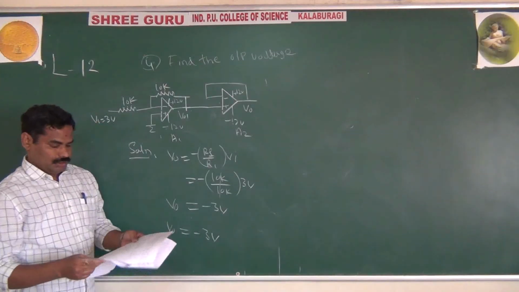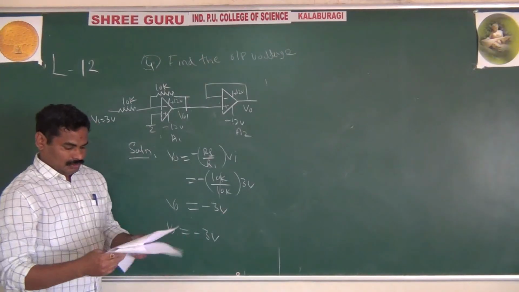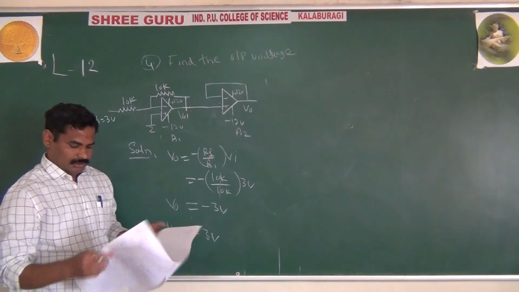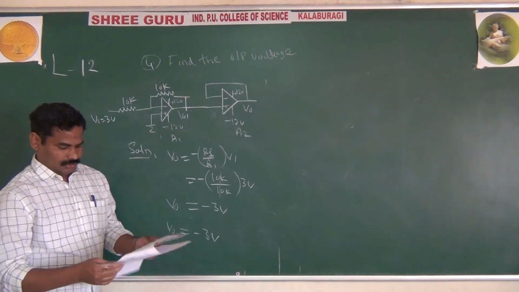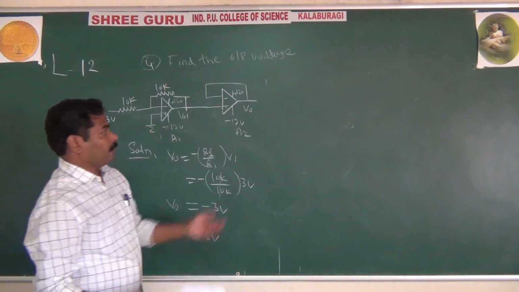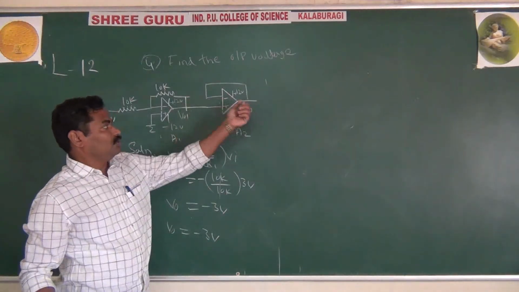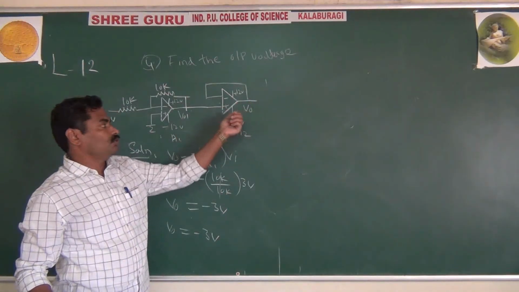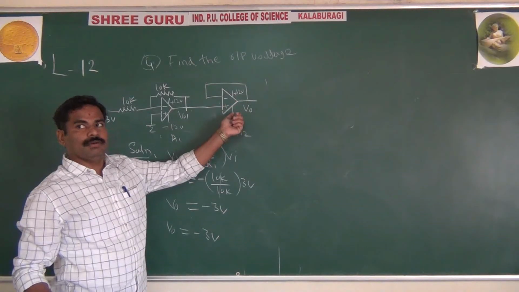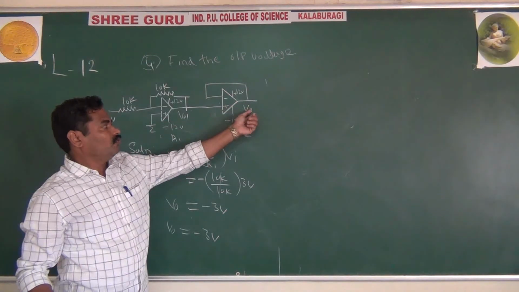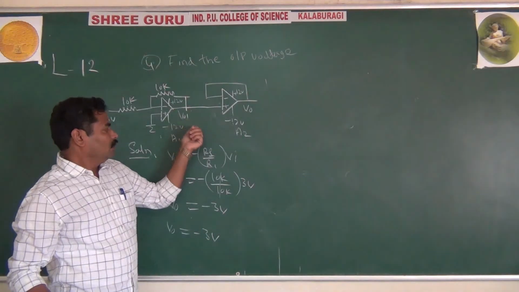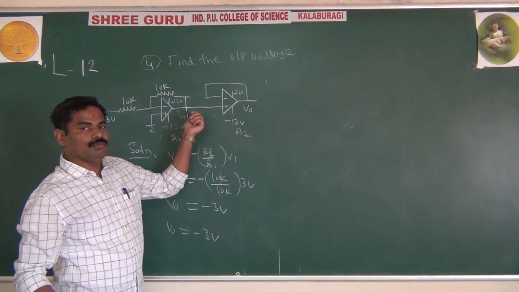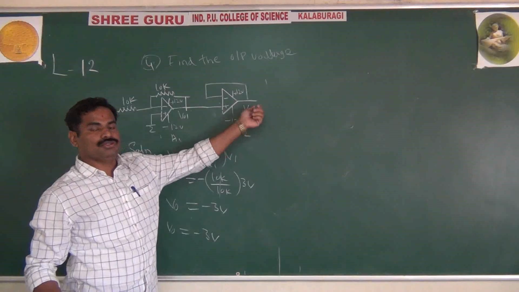For a buffer amplifier, the output follows the input. Whatever the input is here, minus 3 volts, the output is also minus 3 volts.